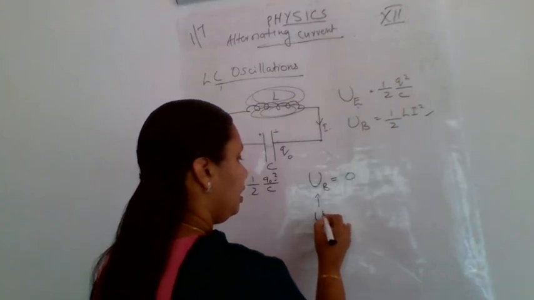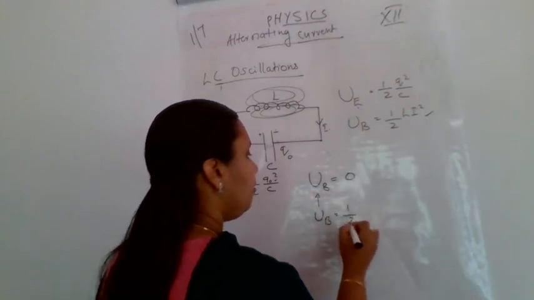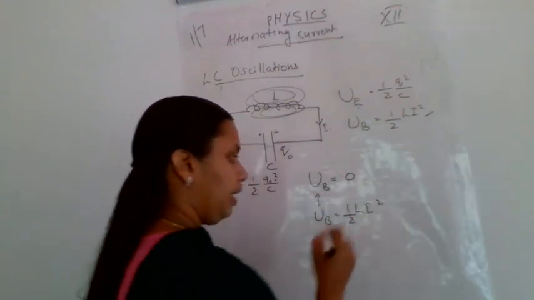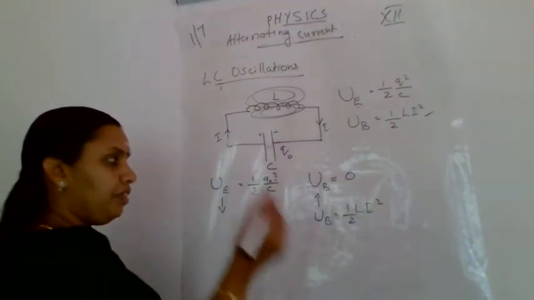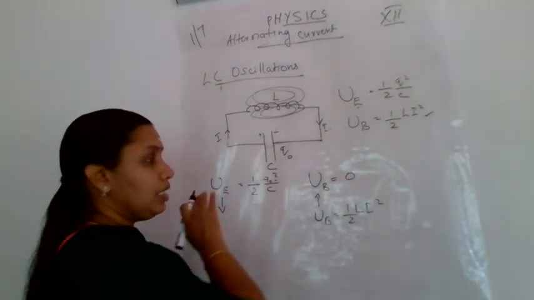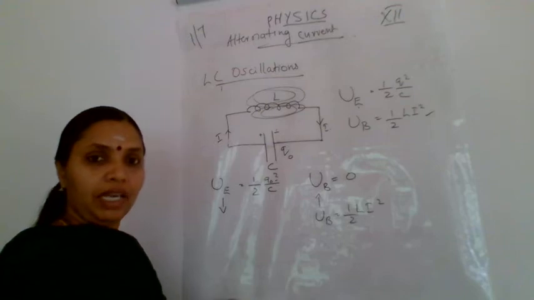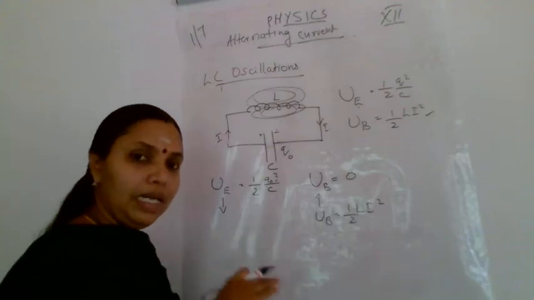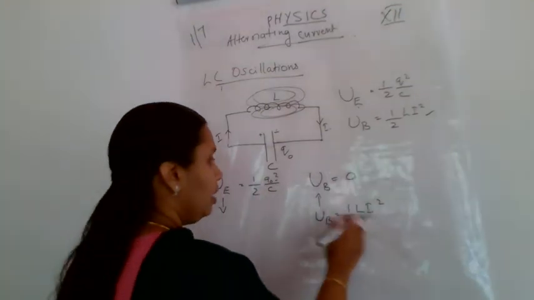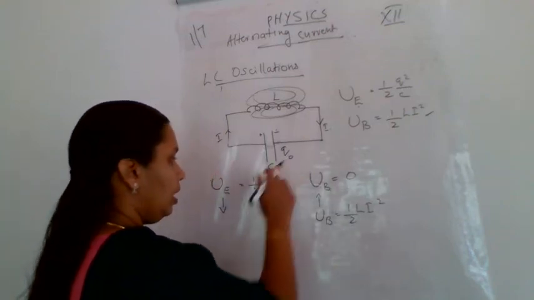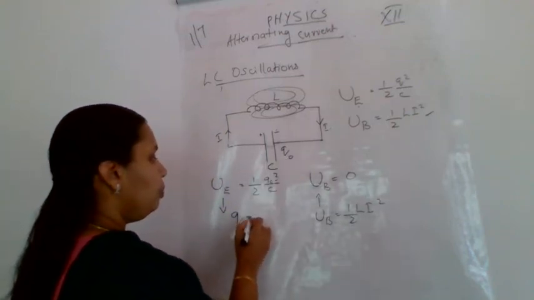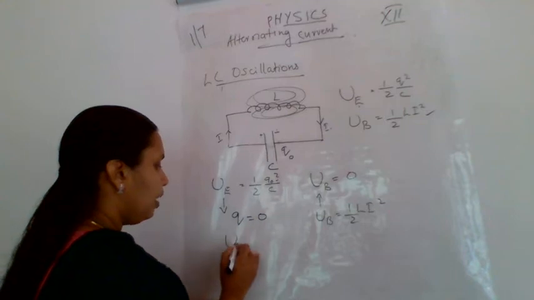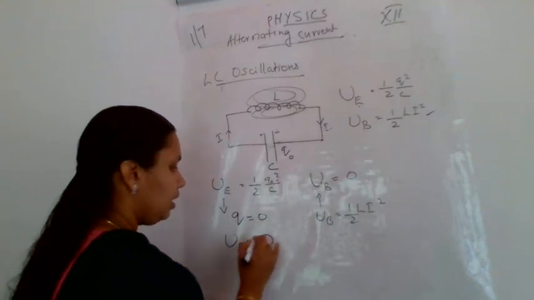It is equal to half L I square for the time being. After some time, this capacitor is completely discharged, and the charge Q becomes 0. So, what is the energy across the capacitor at that time?